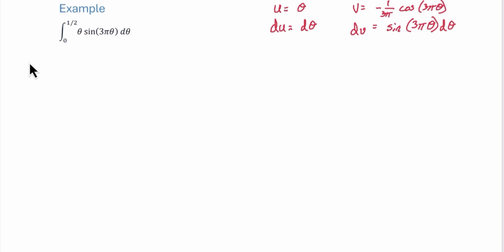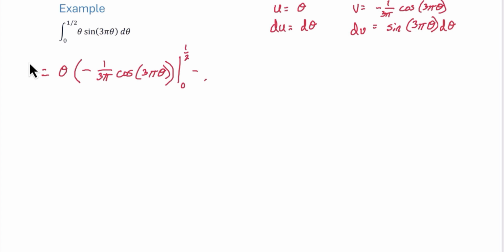Going back to the original, u is theta times v, that is negative 1 divided by 3 pi cosine of 3 pi theta. I'll just remind myself we are evaluating from 0 to 1/2.